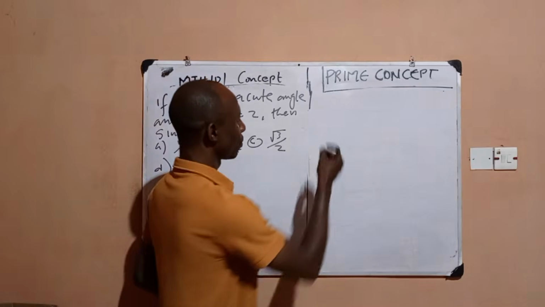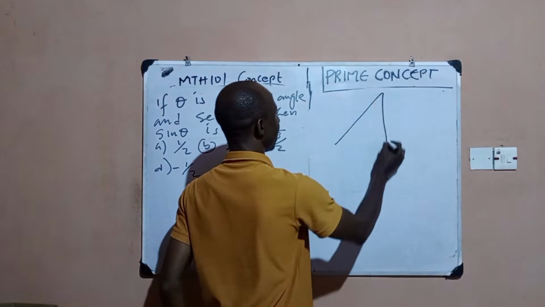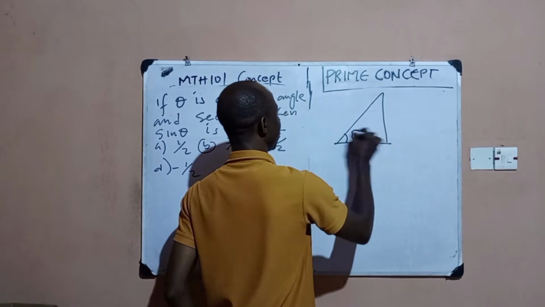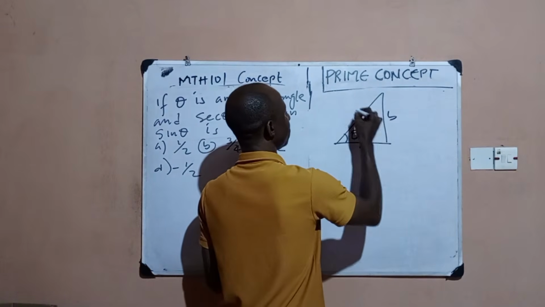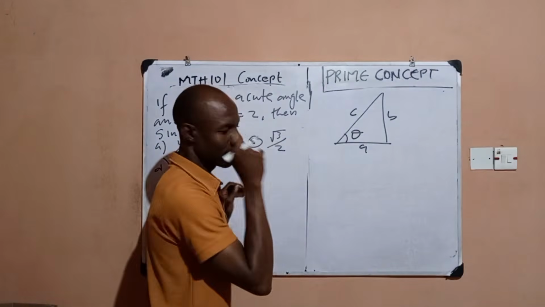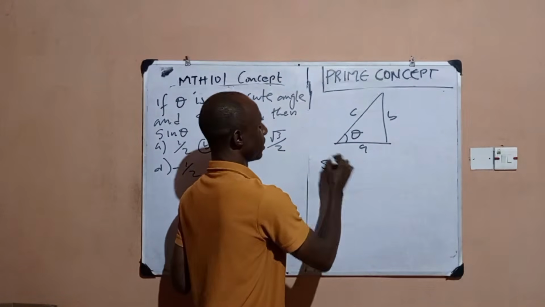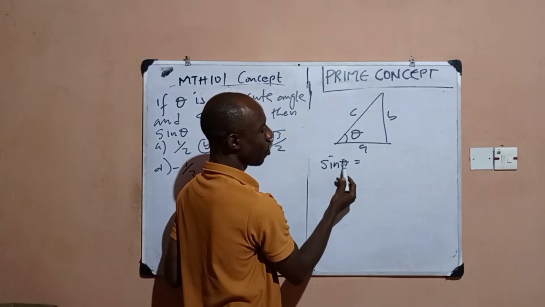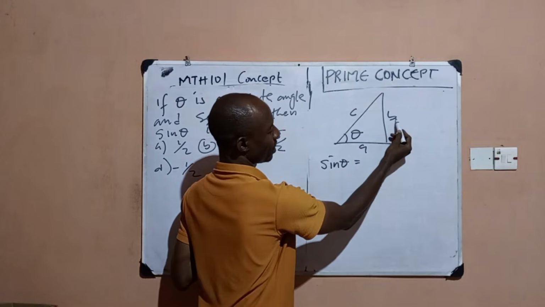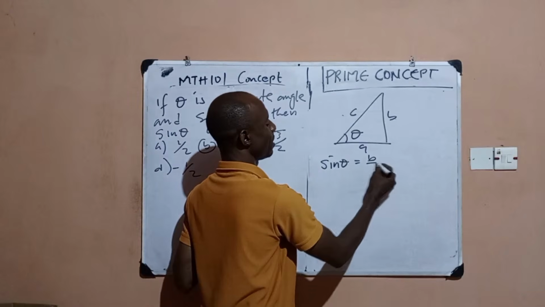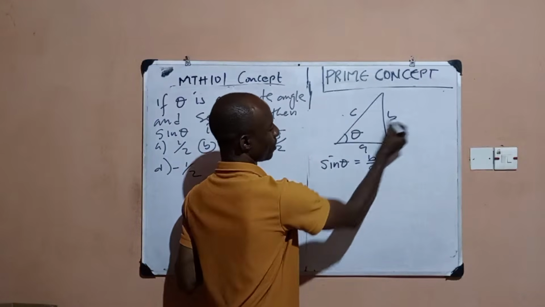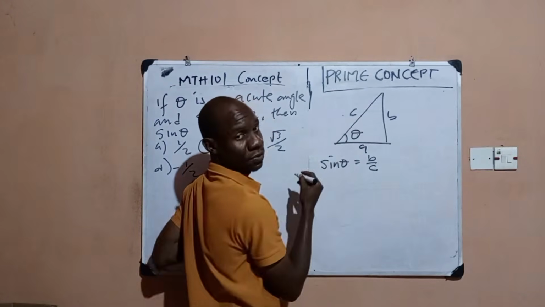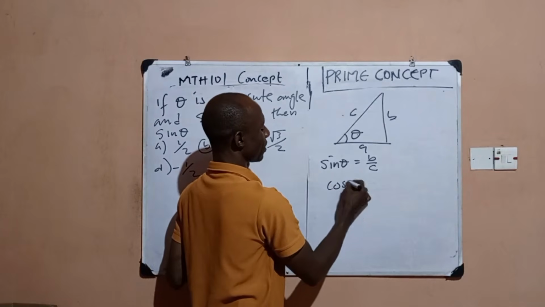If you have a triangle like this, and you call this angle theta, and the sides A, B, and C, you have 6 trig ratios. You have sine theta. Sine is opposite over hypotenuse, that is B over C. You have cos theta.